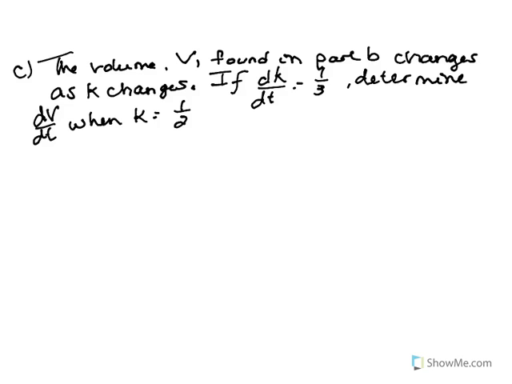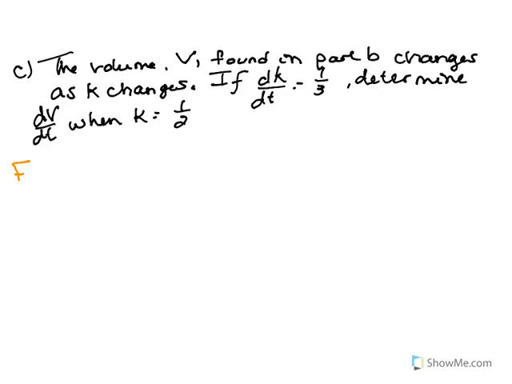All right, our last question here, the volume V found in part B changes as k changes. If dk dt is 1/3, determine dv dt when k equals 1/2. So I know it's been a while, but hopefully you recognize this as a related rates problem.